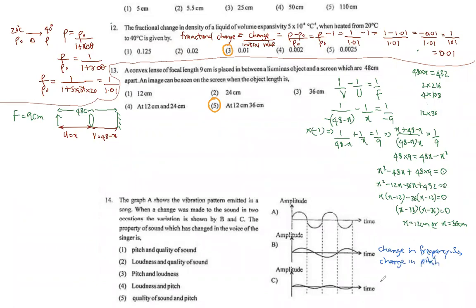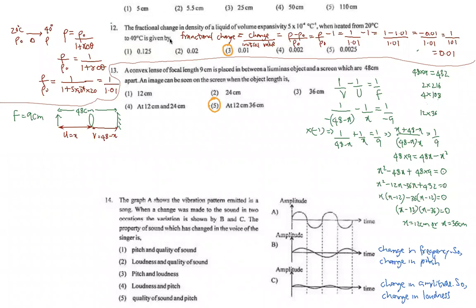And in C, what is happening? Change in amplitude. So change in loudness. No change in quality, because the wave pattern hasn't changed much.